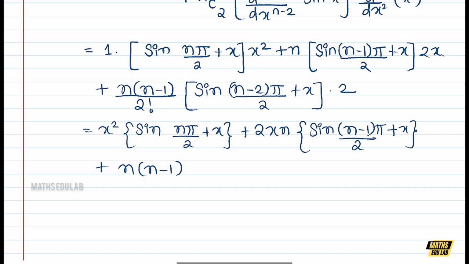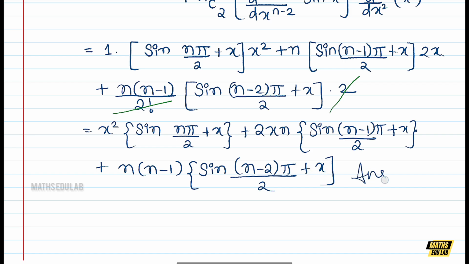Here, 2 factorial and 2 will get cancelled out, leaving n into n minus 1 sin of ((n minus 2) pi by 2 plus x). So this is the answer for the given question.